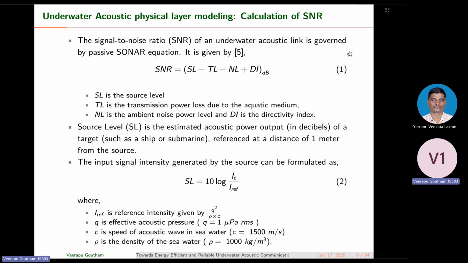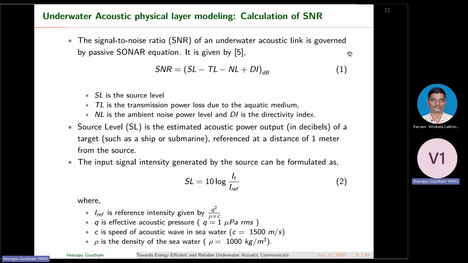TL is like, if I am shouting here, after some distance you will not receive the same amount of energy; there will be some absorption and some path loss. That is given by the TL. NL means ambient noises; for acoustic signals there are some ambient noises.